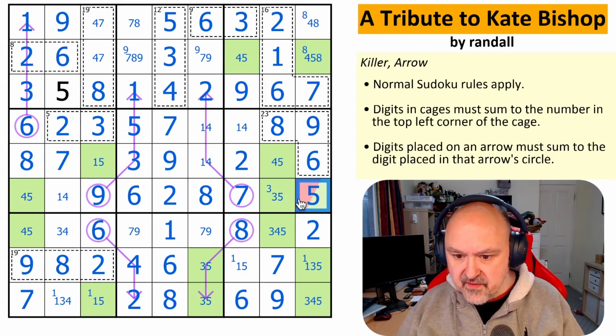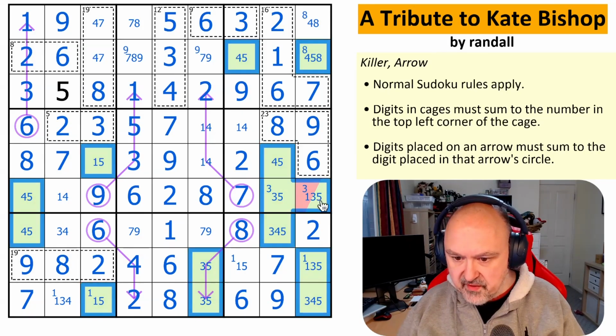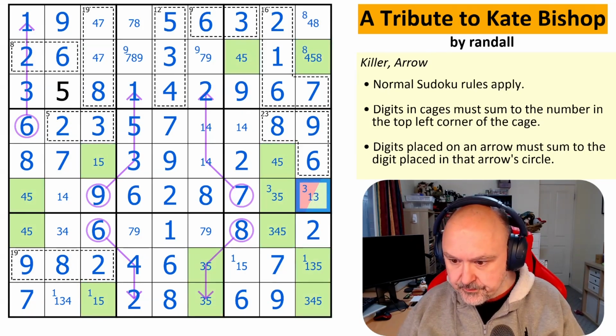So if I put a 5 here, there's no 5 in either of those, and there's no 5 here. So this for the column has to be the 5, and this for this column has to be the 5. And I've got a conflict and it doesn't work. So this cannot be a 5 without breaking the puzzle.